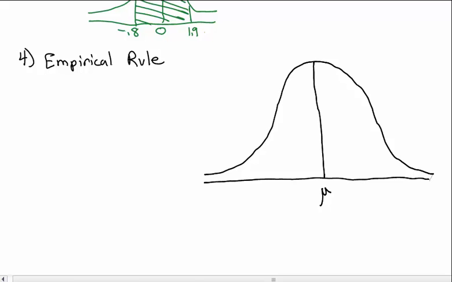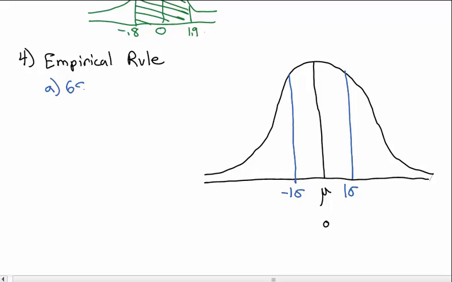And mu is in the center. On the standard normal, it's 0, but this works for all normal distributions. The first thing I want to know about the empirical rule is how much is within one standard deviation, one standard deviation to the left or one standard deviation to the right.